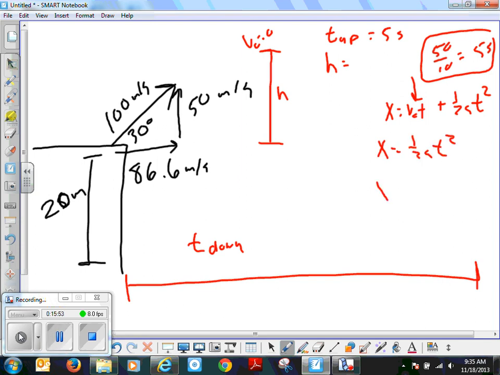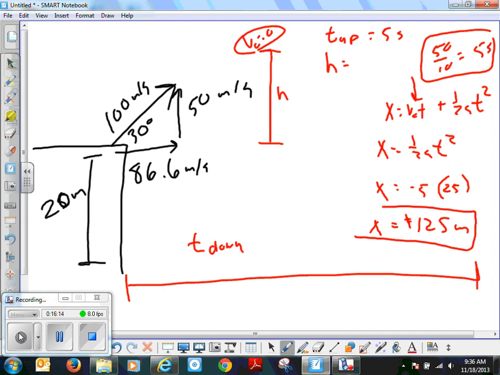X is negative 5 times 25. So x comes out to negative 125. But it's really positive, right? Because we went up here, called that v sub naught. It's actually plus 125. That's how high it is. Can you do that for the test tomorrow?